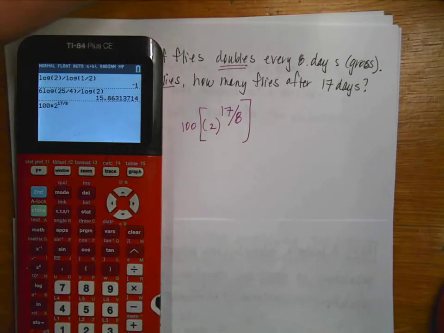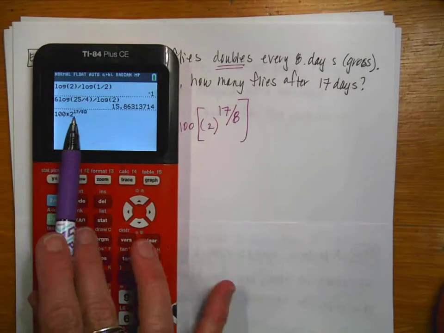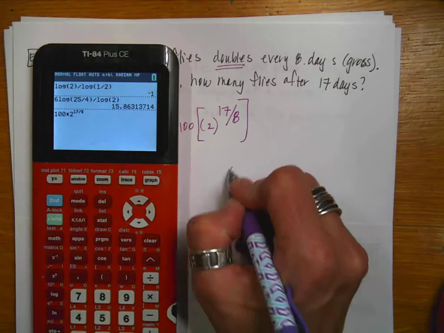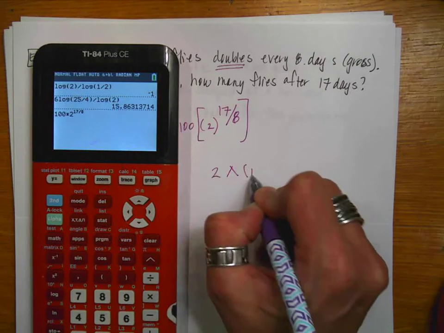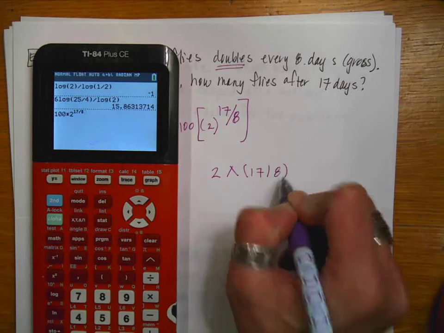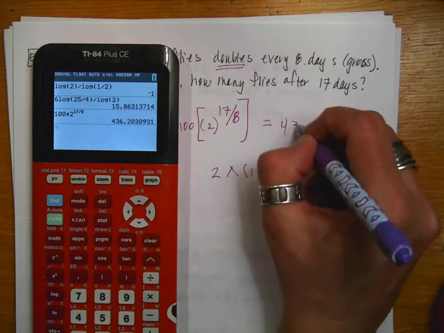And we've had this discussion before. Let me make it a little bit bigger. If you have a calculator where the exponent doesn't go up by itself and it shows you the caret when you try to raise the 2 to a power, then you need to make sure that you put that 17 divided by 8 in parentheses. Otherwise, you'll get an incorrect answer.